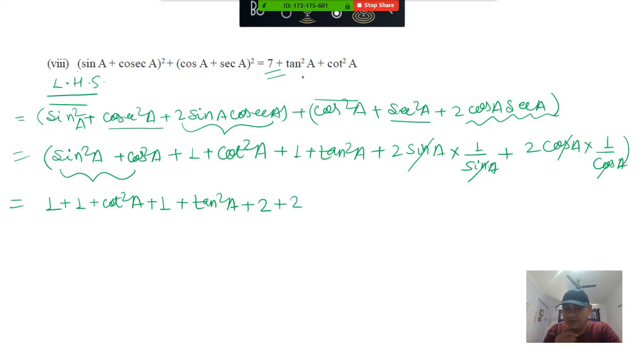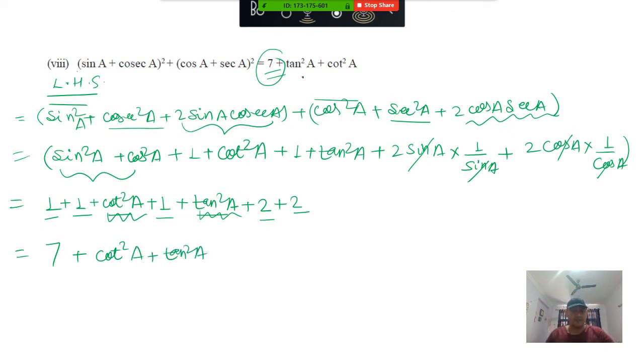So how many numbers are we having right now? 2, 2, 4, 5, 6, 7. We are having 7. Finally we get this term, the most difficult term. And the terms remaining are cot square a and tan square a. 7 plus cot square a plus tan square a. Oh yes, you got it.